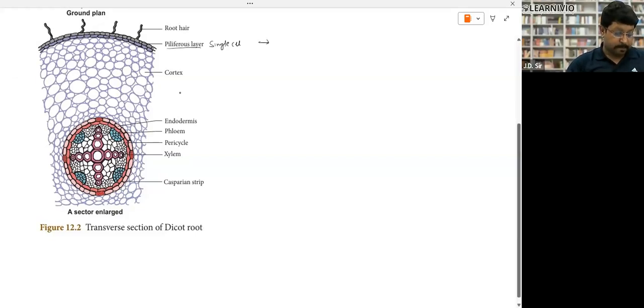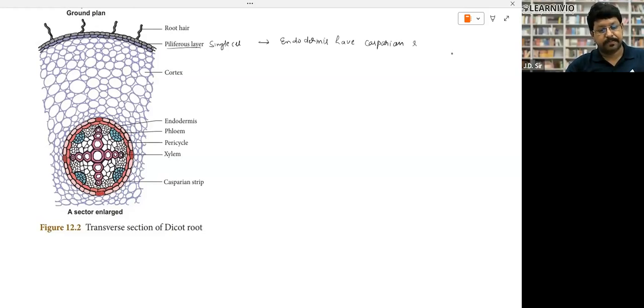Some points: endodermis has Casparian strip, and pericycle is thick-walled.